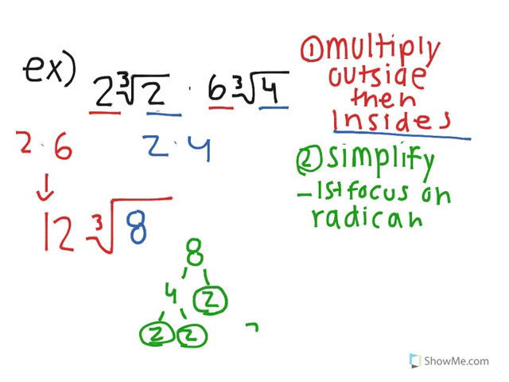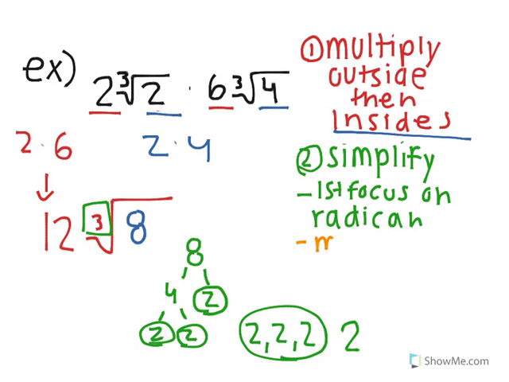So our list is 2, 2, and 2. Our index here is 3, because we're working with a cube root, so we have one group of 3. That leaves a 2 on the outside and nothing on the inside. And then we bring our outside term, then multiply the outside terms.